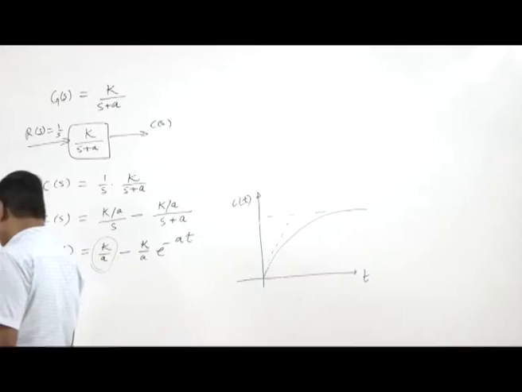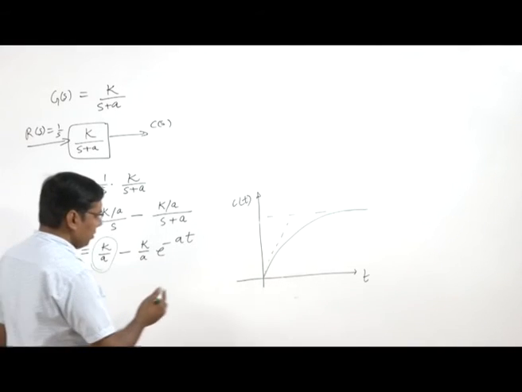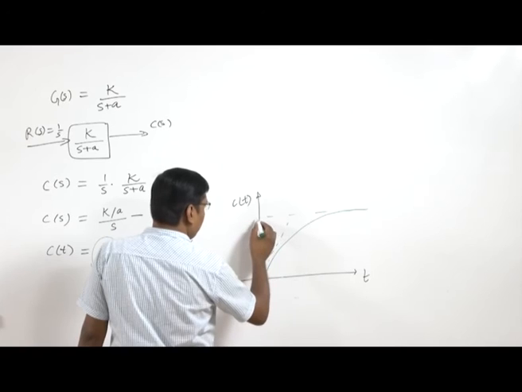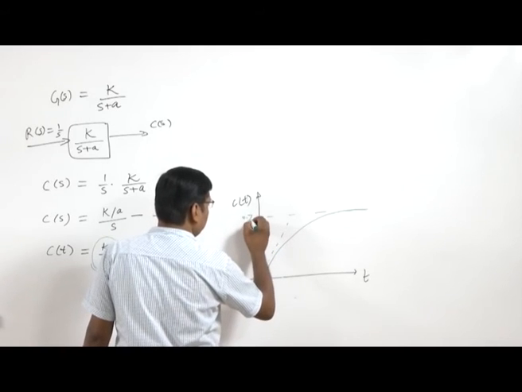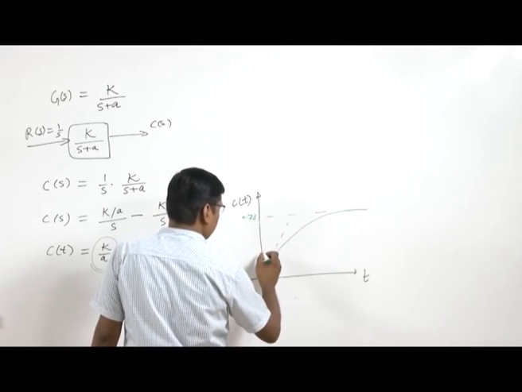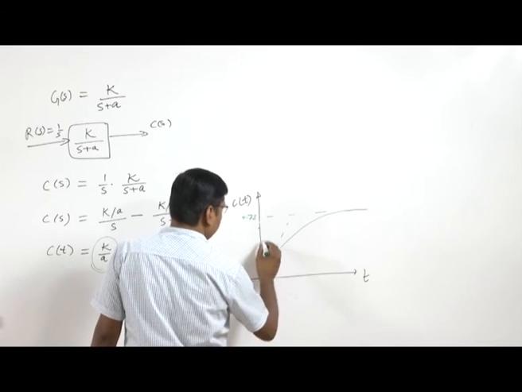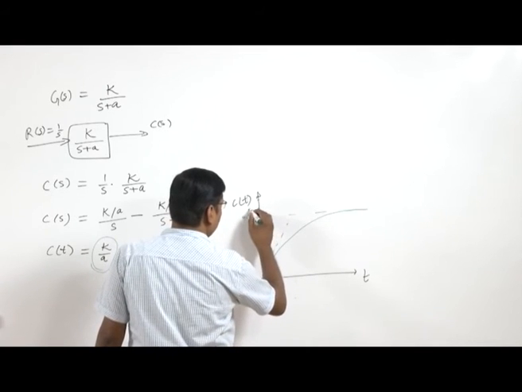So let's take that this is 0, here it is 0.72, this is a particular response, 0.8.